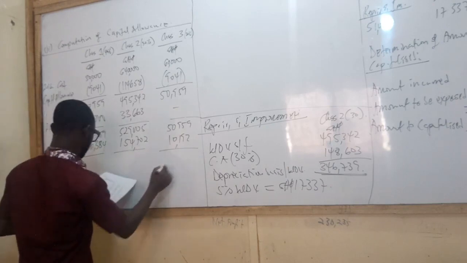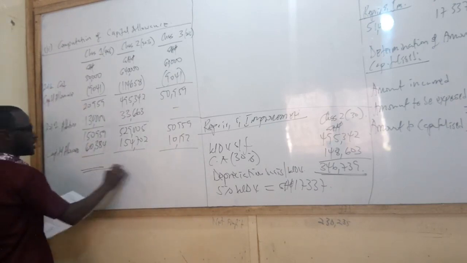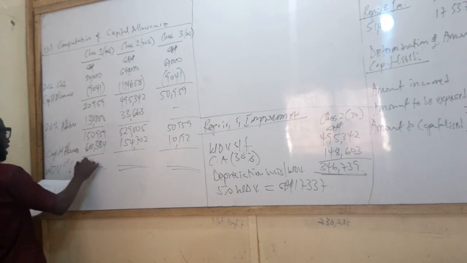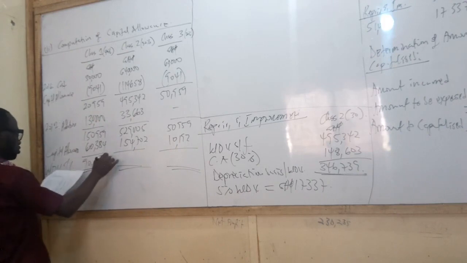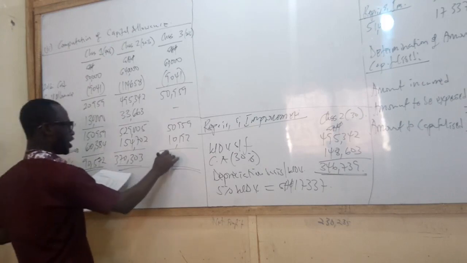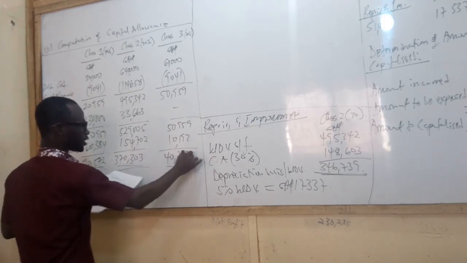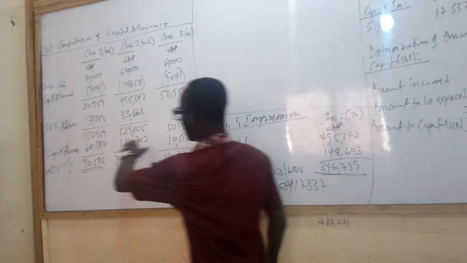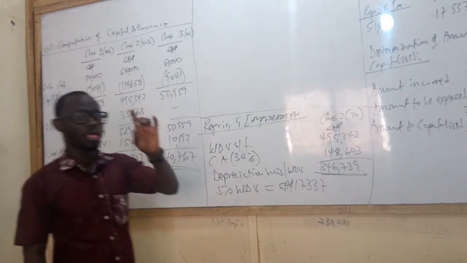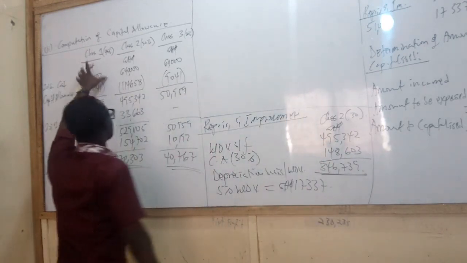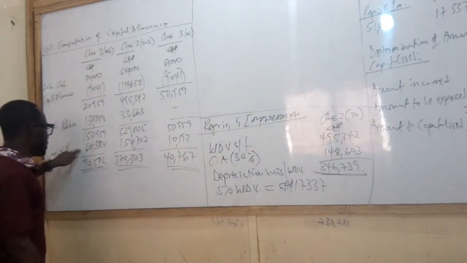So we subtract that, and we'll get a written down value, carry forward, of 90,572, 370,303, and then 40,767. Right? So that is how we calculate the capital allowance. Now remember, we are focusing on 2017. So for class 1, 2, and 3 assets, this is what is going to happen.